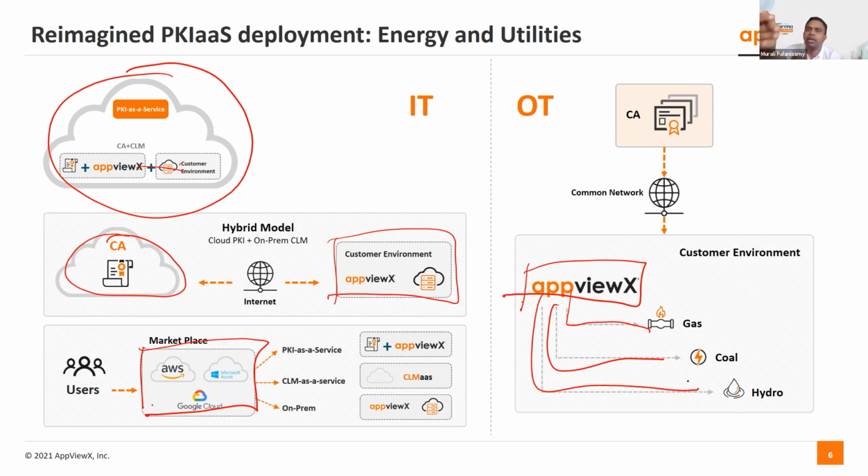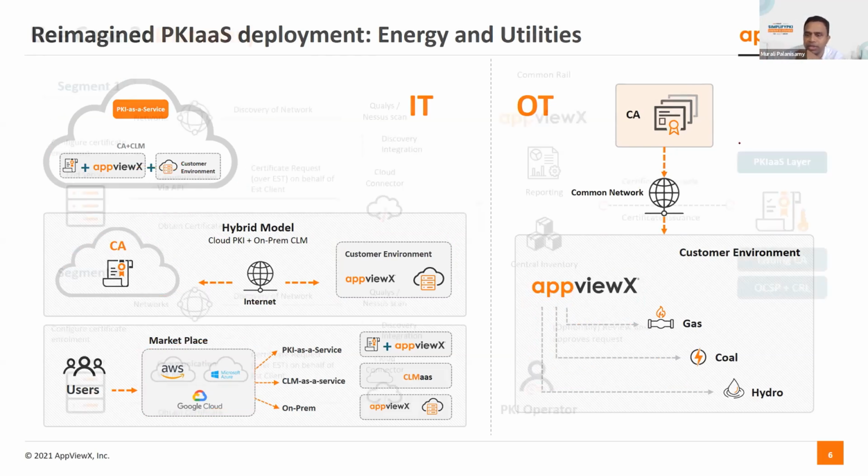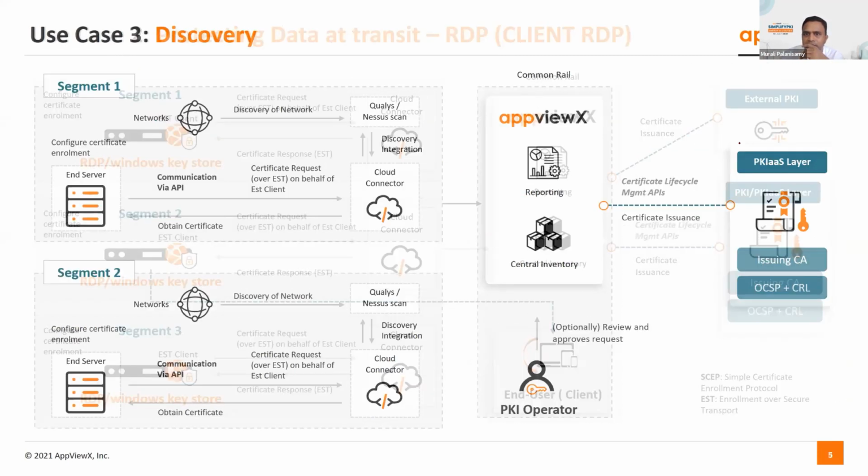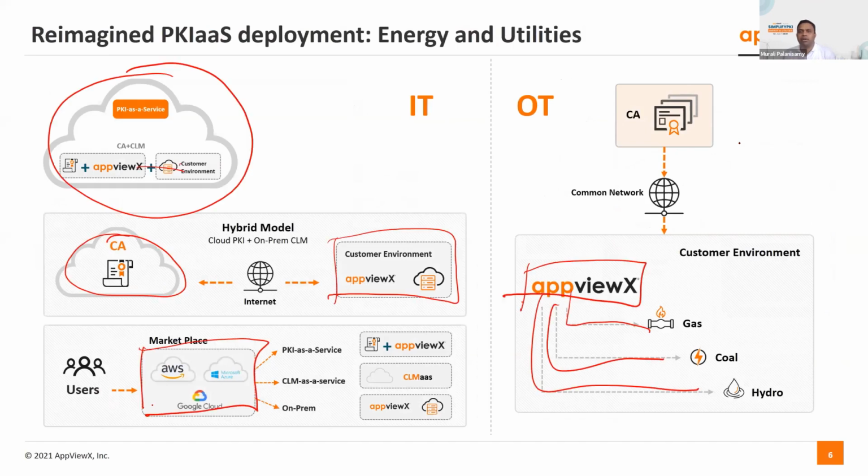Or you can even have them under those isolated networks, but then have the common rail communicate to the CA. So you have a central CA, but then you have a distributed deployment network for each of those individual environments. You have that flexibility and option as well, right?